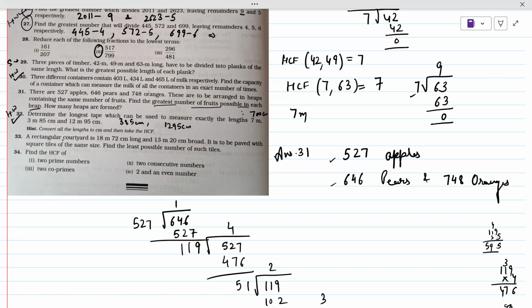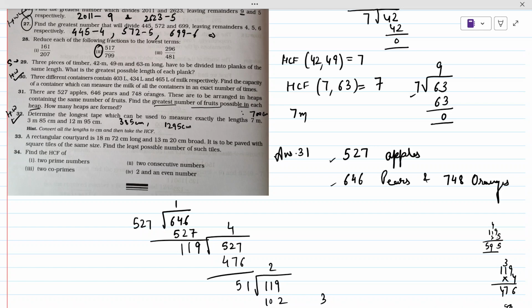Next, we have a rectangular courtyard that is 18 meter 72 centimeter long and 13 meter 20 centimeter broad. These are the dimensions of the rectangular courtyard. Now, it has to be paved with square tiles of the same size, in both dimensions, the length and the breadth.